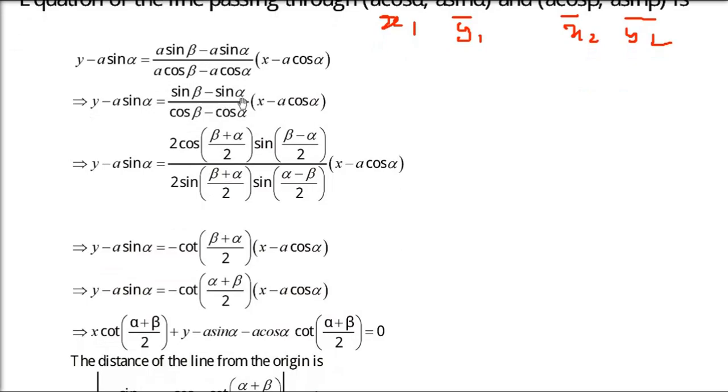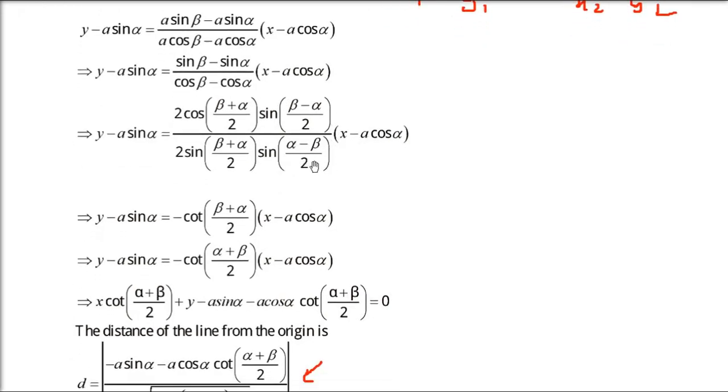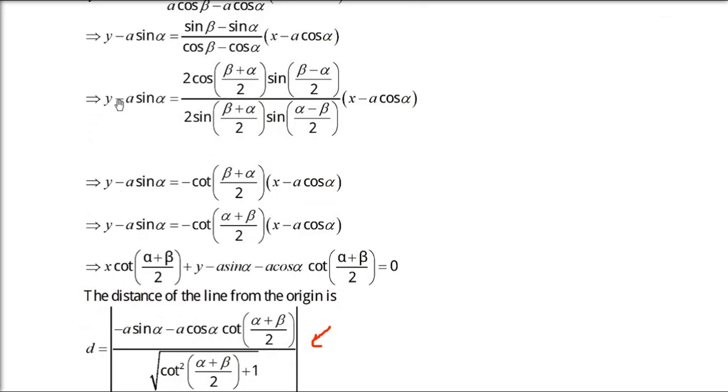We'll use the formula here. Sin beta minus sin alpha is 2 cos beta plus alpha by 2 sin beta minus alpha by 2. Cos beta minus cos alpha is 2 sin beta plus alpha by 2 sin alpha minus beta by 2. Now here, sin alpha minus beta by 2, you can take minus outside and it will be sin beta minus alpha by 2, so the sin gets cancelled.